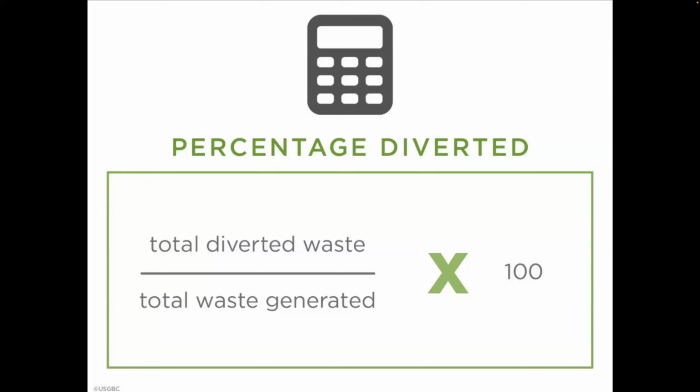So that's the stuff you can't recycle or compost. Then you take the weight of all the things you're recycling, and the weight of all the things you're composting, if you're composting, and you say, okay, I have 1,000 pounds of waste. If you add the recycling and the composting together and that's 600, your diversion rate is 60%.